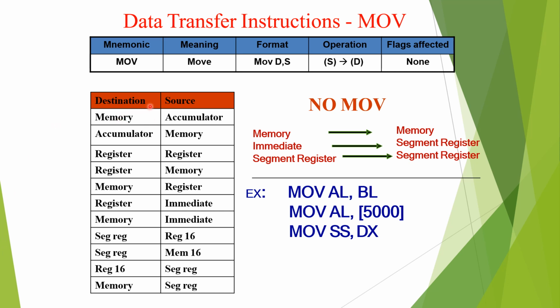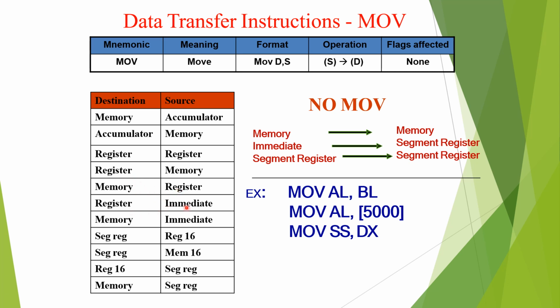In the table we can see what the destination and source may be. We can move data from accumulator to memory and memory to accumulator, register to register, and memory to register, and vice versa is also possible.